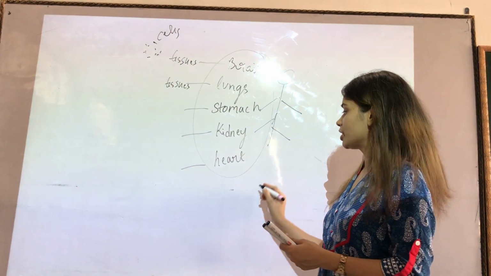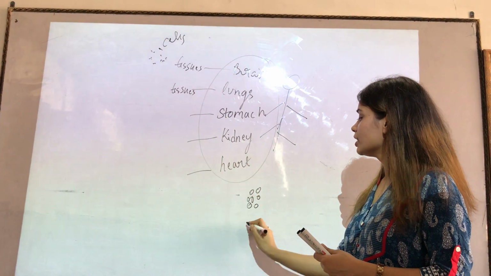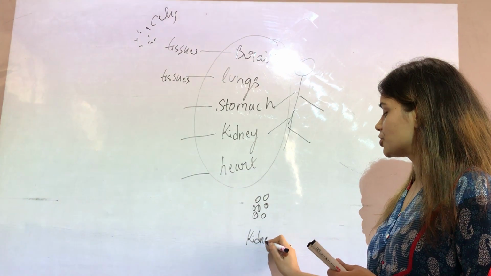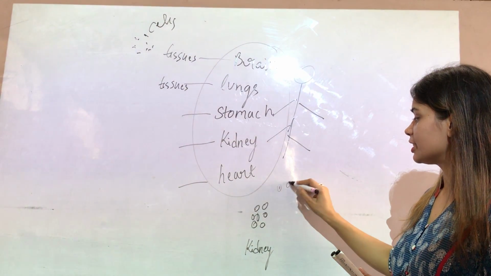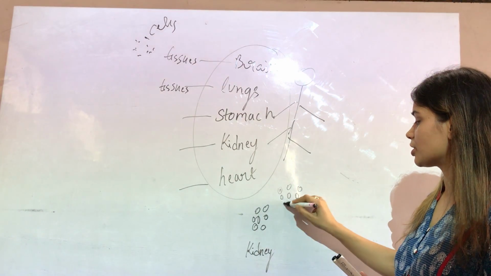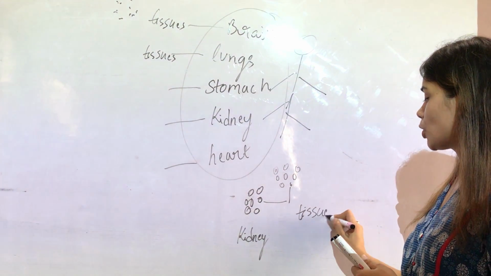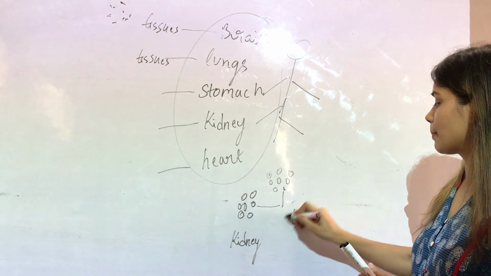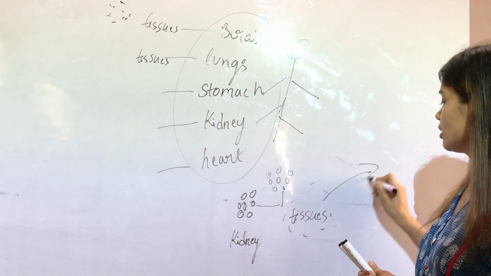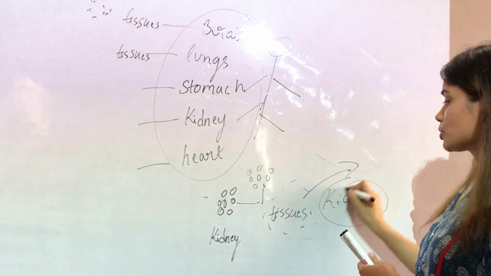For example, these are the kidney cells, the cells which are present in the kidney. If the same type of kidney cells combine with each other, they will form tissues. Once all these tissues combine with each other, they will make one organ, that is the kidney.